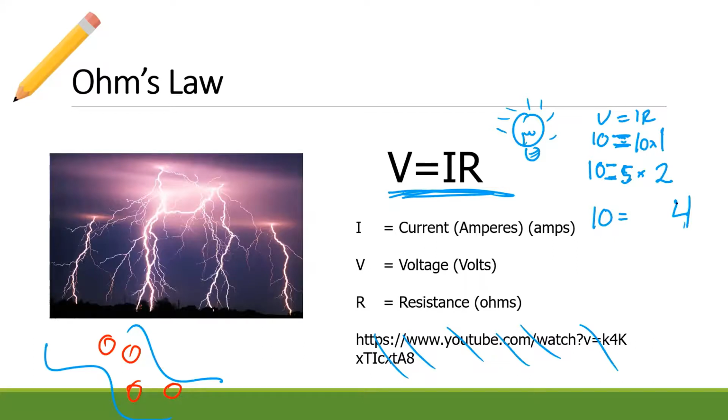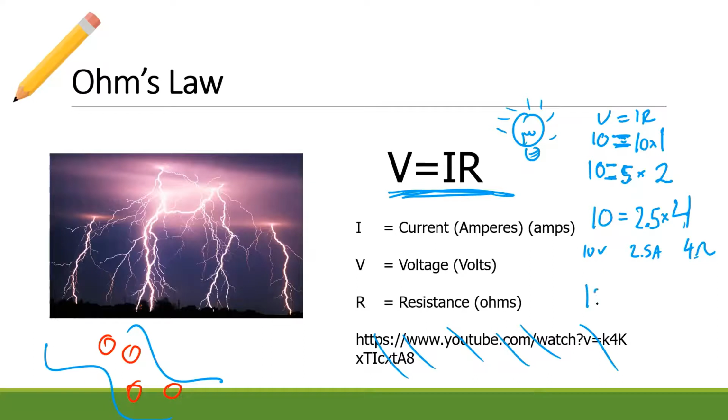So if I've got 4 ohms of resistance, then that means that current gets even smaller. It goes down to 2.5 amps. So 10 volts, 2.5 amps, and 4 ohms. Because it's so hard for the electricity to go through the circuit, the flow of the current is really low.